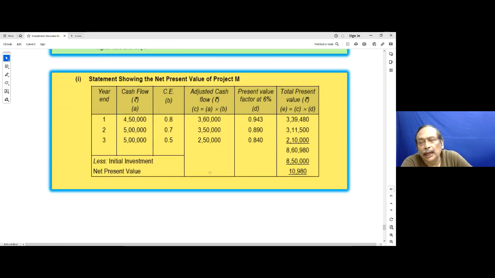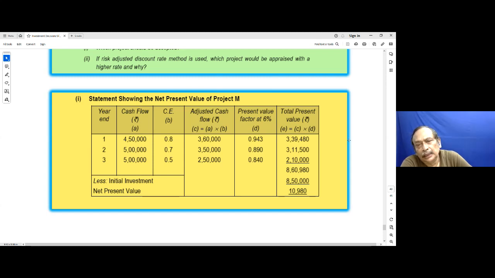So first, we are preparing a statement showing the net present value of project M. We are taking year-end 1 to 3, then we are jotting down cash flows, then CE as it is given, then adjusted cash flows, that is cash flows multiplied by CE.